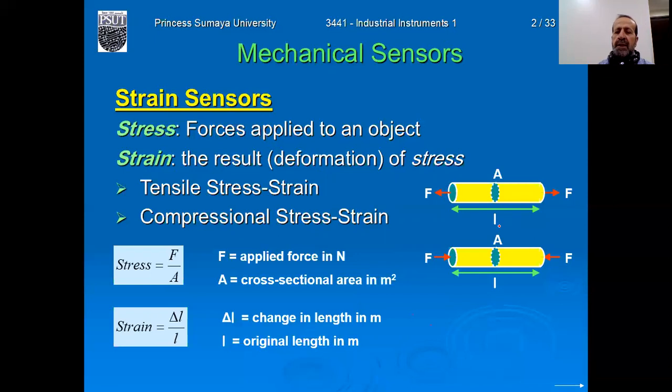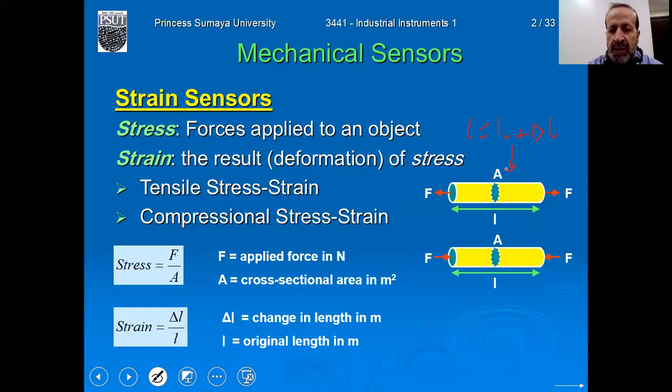So L here is equal to L0 plus delta L, because this is tensile stress.